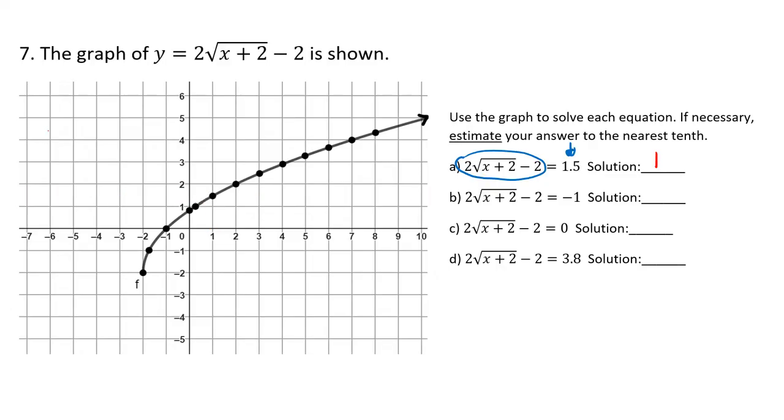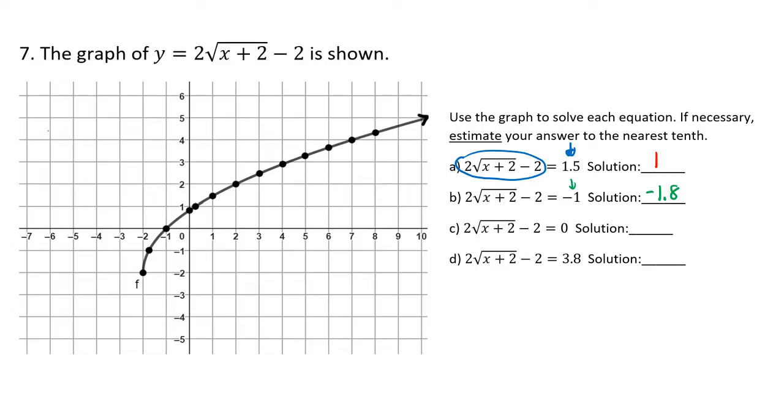All right. So our next one is equal to negative 1. So I'm going to go to negative 1 and draw a horizontal line. Okay, they intersect right here. That one is not quite at negative 2. It's a little bit less. I would maybe estimate negative 1.8 would be a good estimation for this problem. All right, our next one.